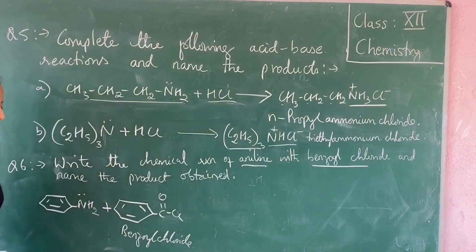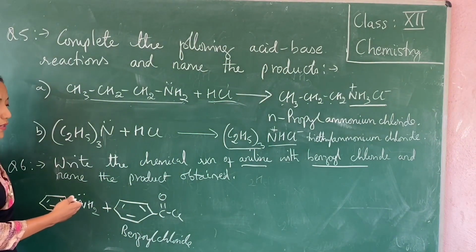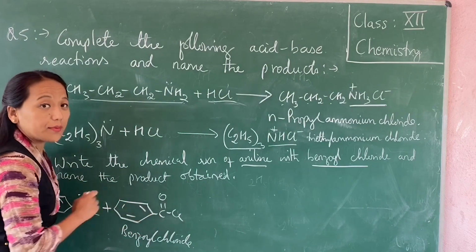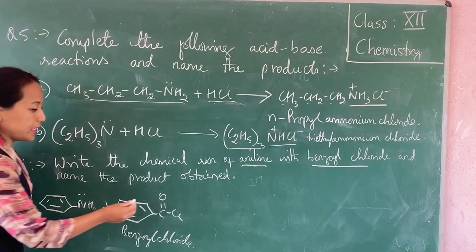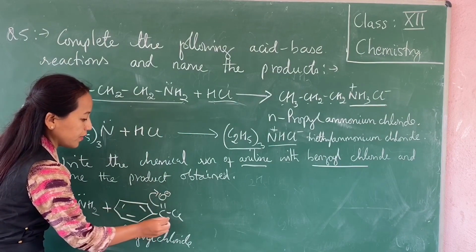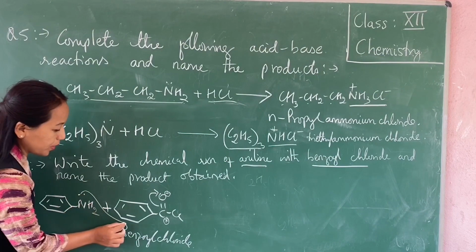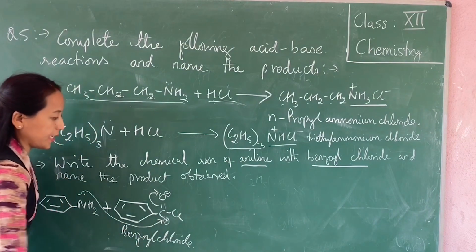We have already done this. Now this nitrogen with the lone pair of electrons has to come and attack this carbon atom. For that, the pi electrons will shift. O will have a negative charge, C will have a positive charge. Now on this positive charge, your N with the lone pair of electrons will come and attack.